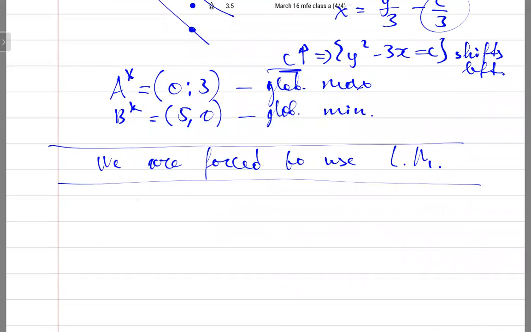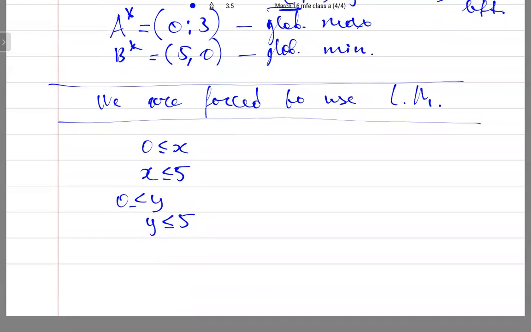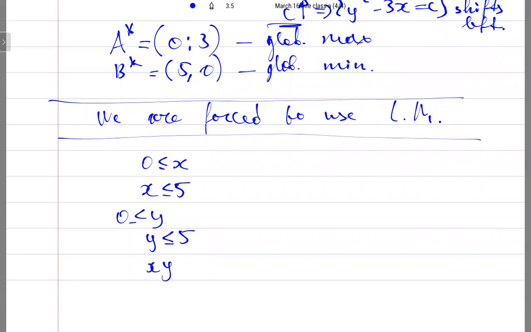Let's write them. 0 less than x, x less than 5, y greater than 0, y less than 5, y less than 3, sorry, and xy less than 6, as far as I remember.